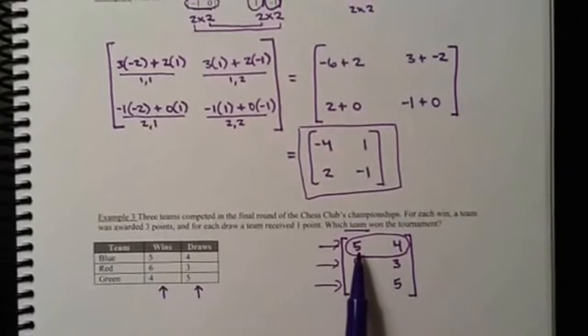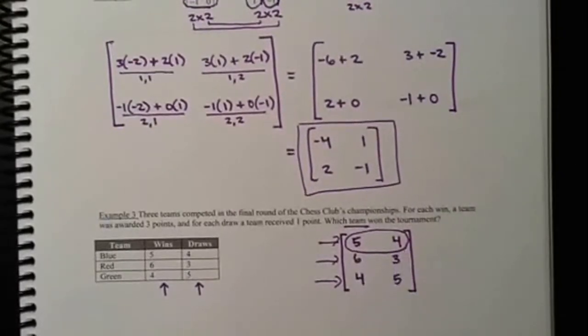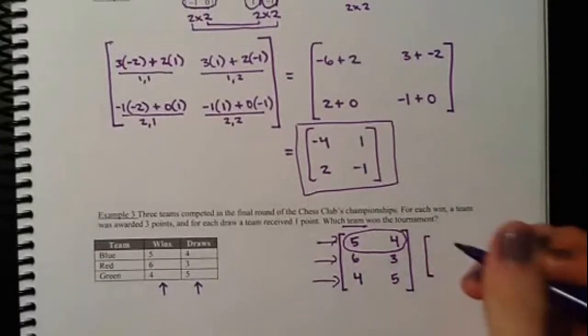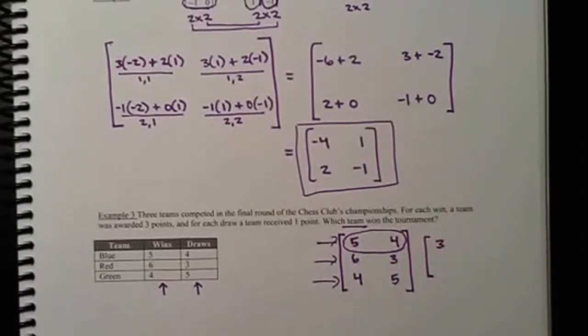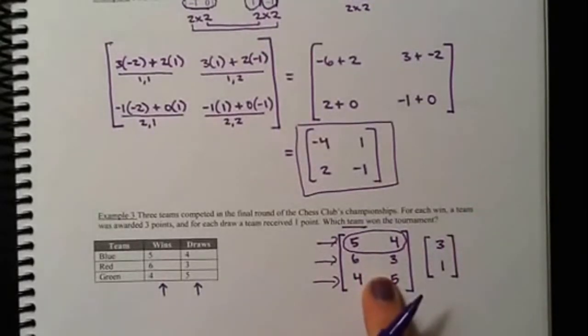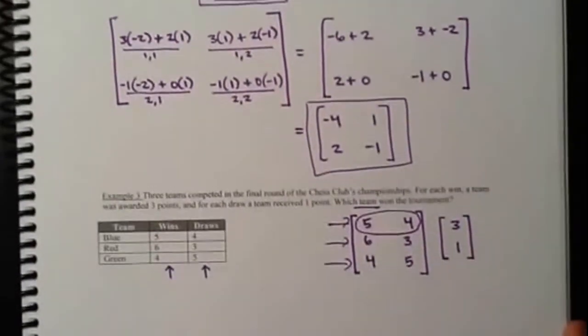For the blue team, 5 wins and 4 draws, we want to multiply it by this little matrix, which gives you 3 points for each win and 1 point for each draw. I apologize, the second matrix should actually be the first.